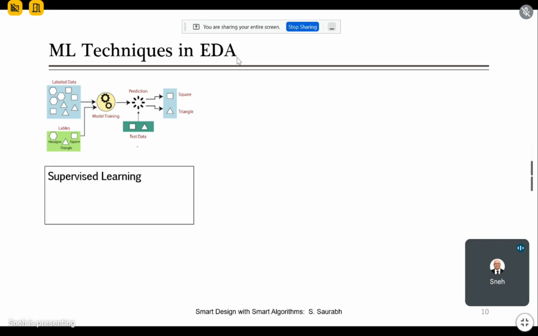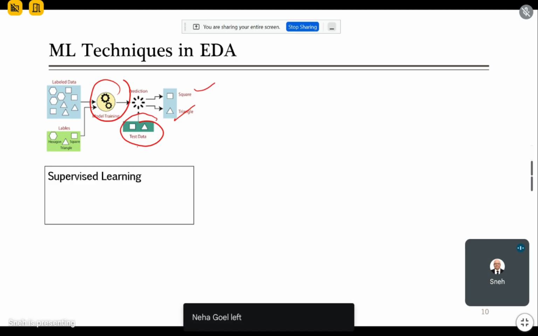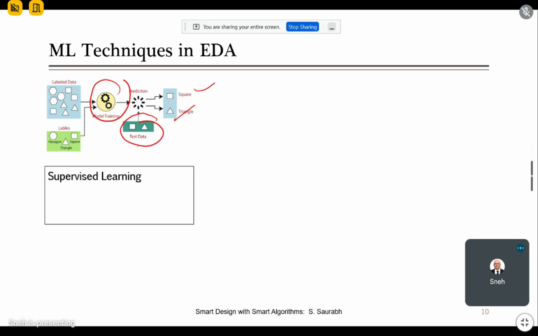So you tag various elements or label the data with some label, right? And then use it to train the model, right? And using this trained model, when you give some unknown data, then based on its algorithm, it can predict whether it is a square or a triangle. So the basic idea in supervised learning is that you are giving labels and data together for learning, right? This is what is supervised learning, right?